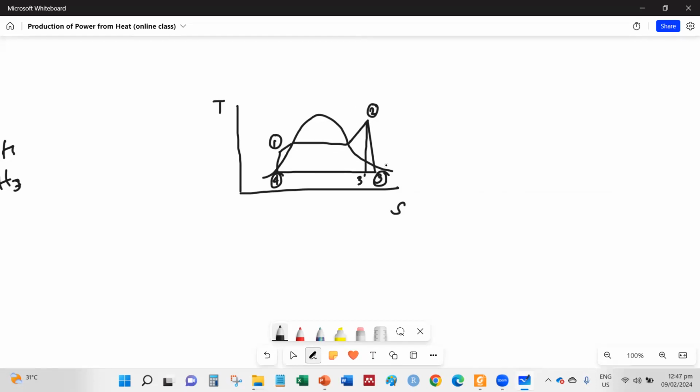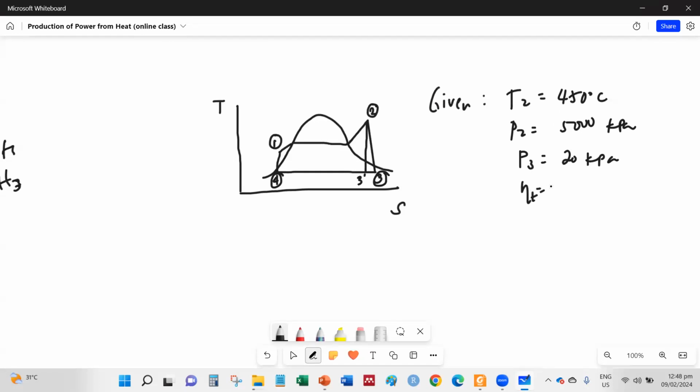What's given to us is T2 equal to 450 degrees Celsius, and P2 is 5,000 kilopascals, and exhaust at P3 of 20 kilopascals. Efficiency of the turbine is 80%.